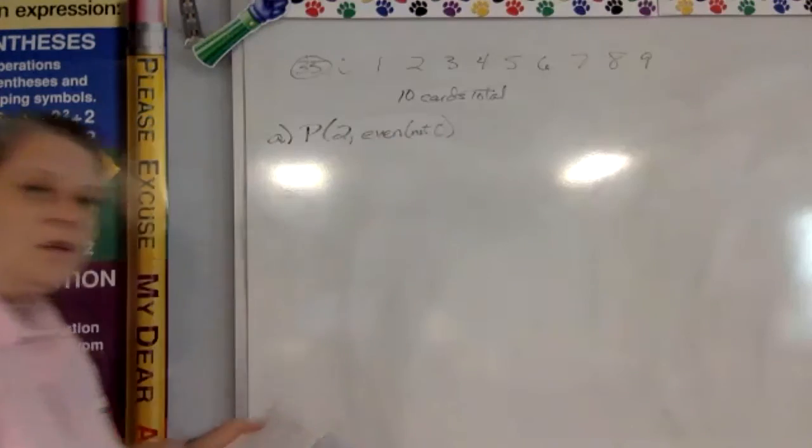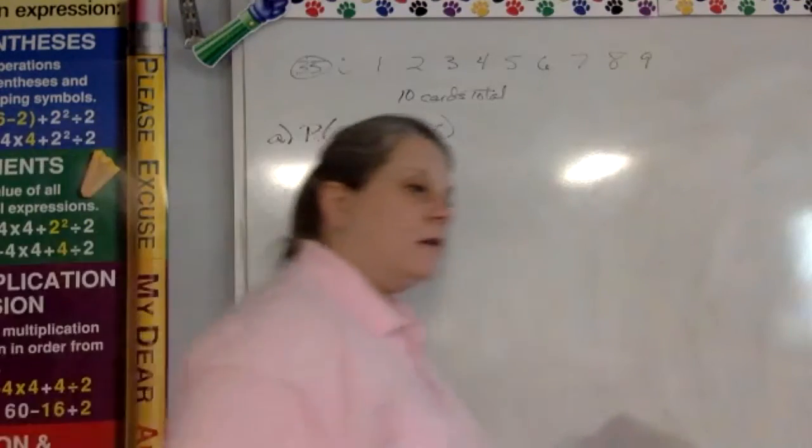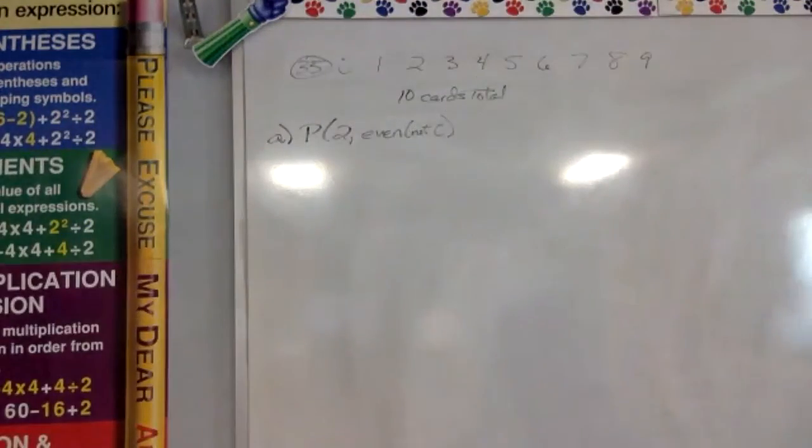Okay, so on this one, is 2 also an even number? Yes, so it's included in that. So we have to be a little bit more careful in here. We have to subtract out what's doubled because you can't count it twice.